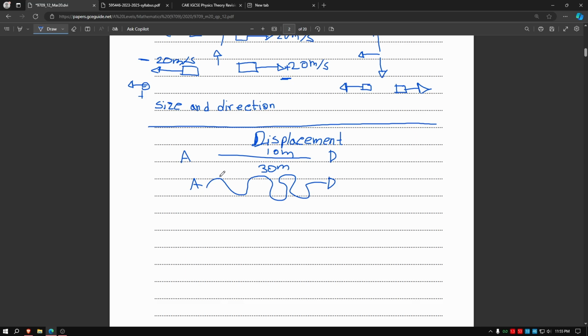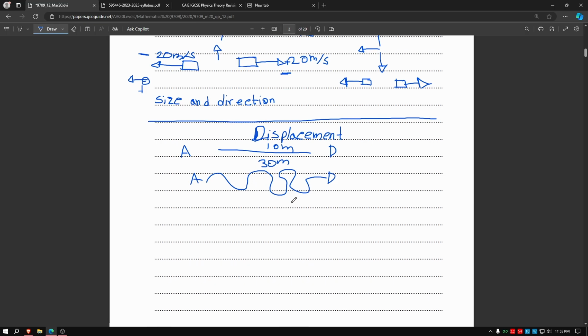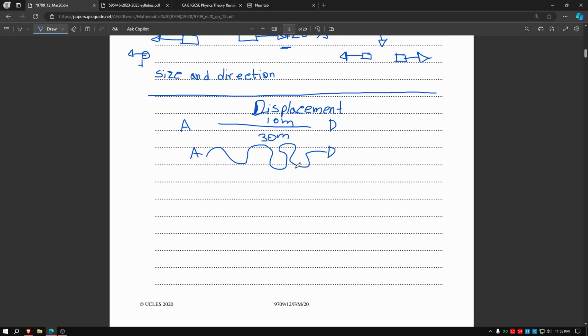Why? Because look at the road. Obviously, this piece of road, or let's just call it a string, this string is now longer. You have to travel much, much more as the roads are winding and bending. So 10 versus 30. But look at this. Point A and D are, let's just assume, these 2 points. They're at the same exact distance far apart if you go in a straight line.